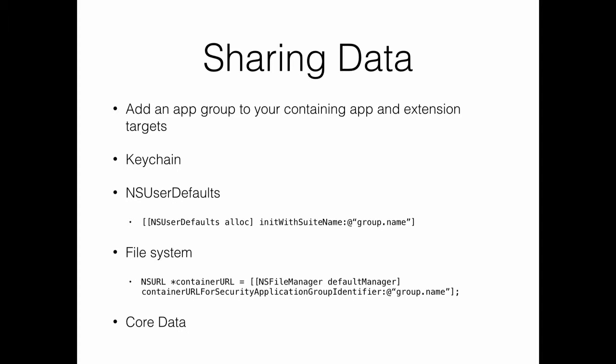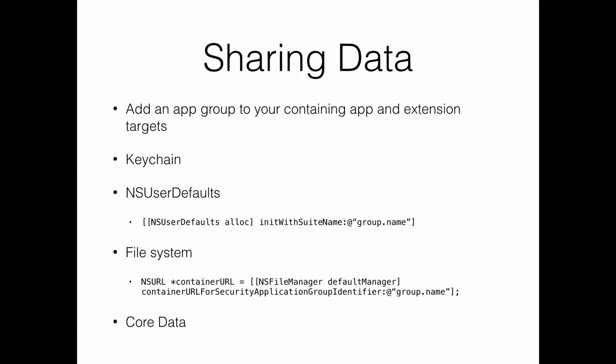Starting with iOS 8.2, you can use the file coordinator. The file coordinator allows you to lock the file temporarily so that other processes cannot look at that data. Once you're done, you then unlock the file. You can have a listening app, which is another process, and it could be your containing app.